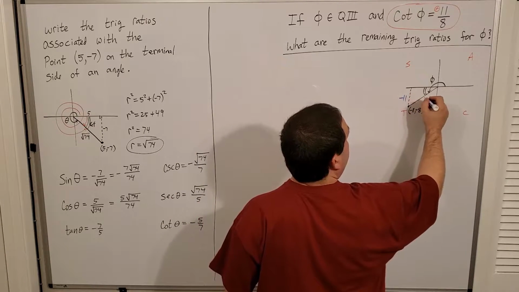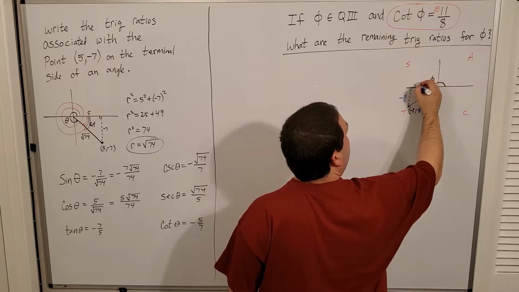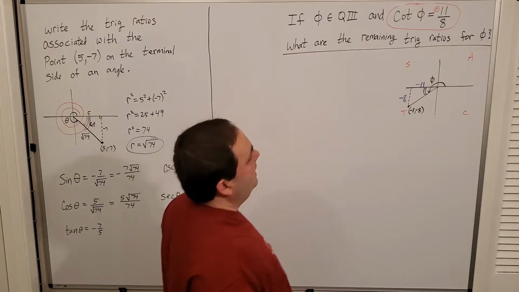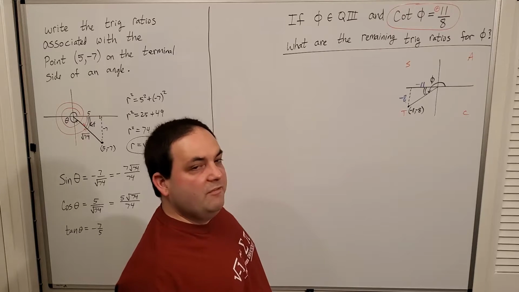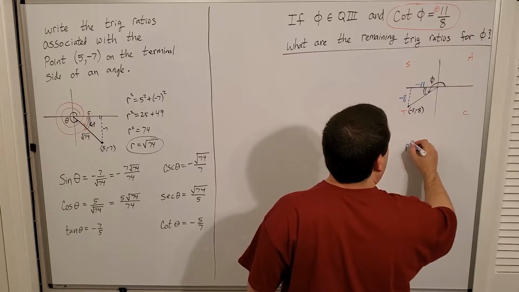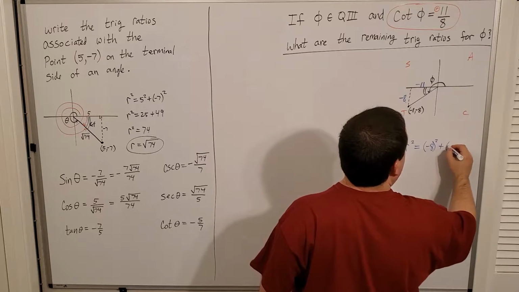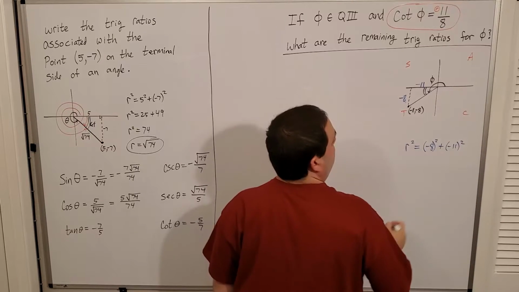Negative 8 is the y, and negative 11 is the x. I can then find an r value. r squared is equal to negative 8 squared plus negative 11 squared.